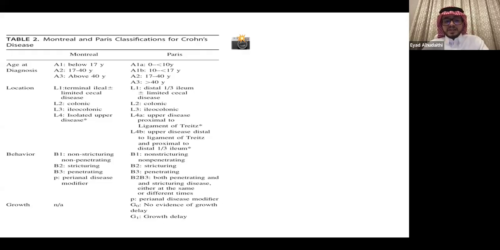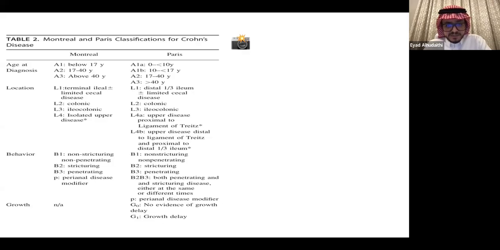It was isolated upper disease in Montreal, while in Paris, they have divided it into upper disease proximal to the ligament of Treitz, and upper disease distal to the ligament of Treitz. Also, one of the differences is that B2 and B3 are combined together. The perianal disease is the same, but we have added growth as a domain in the classification.